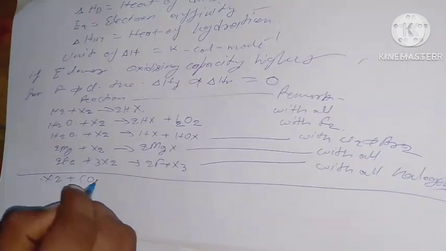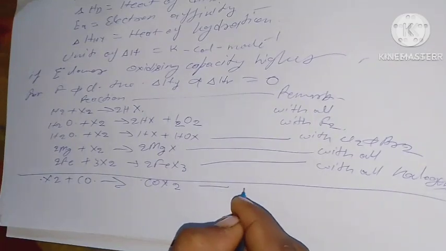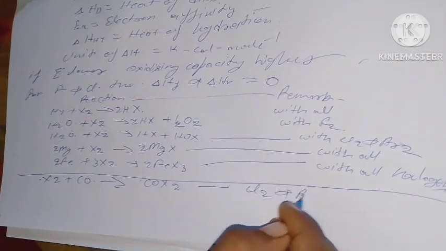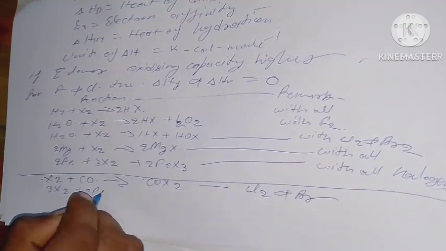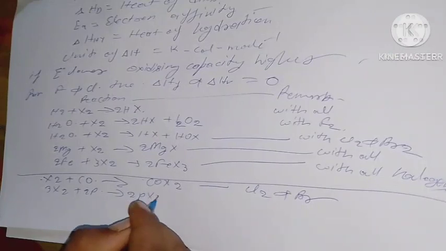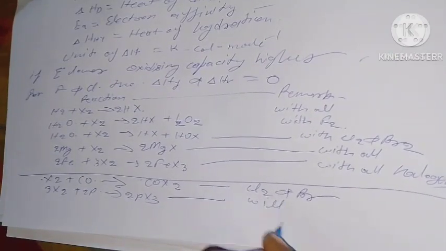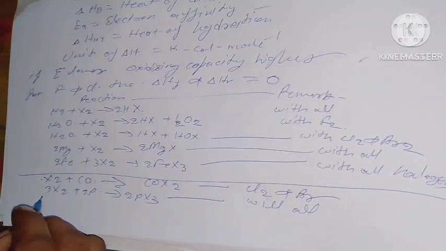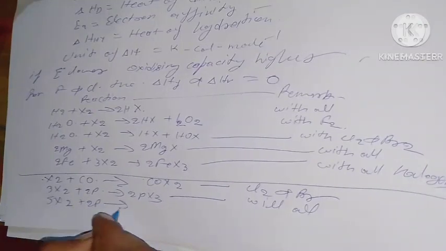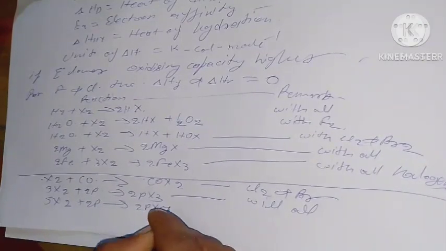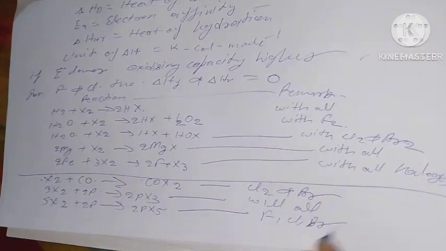X2 plus CO gives COX2, with only chlorine and bromine. 3X2 plus 2 phosphorus gives 2PX3 with all halogens, and 5X2 plus 2P gives 2PX5, only with chlorine and bromine.